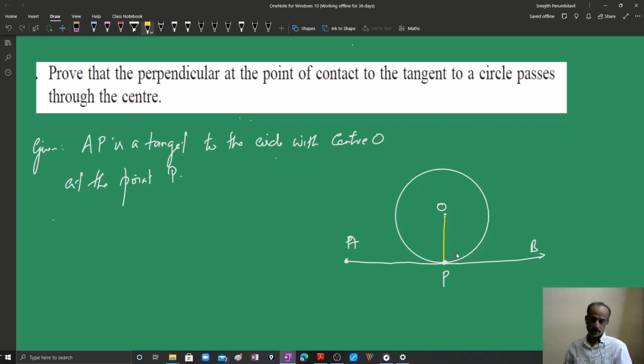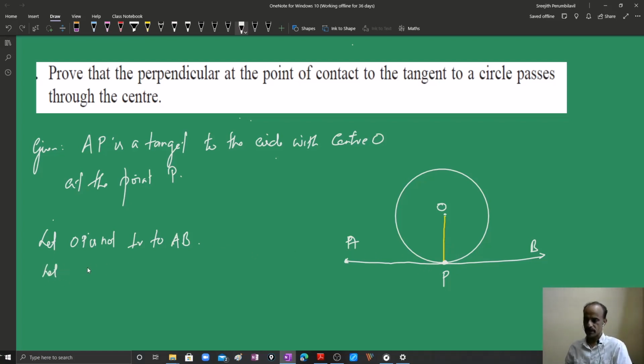Obviously it has to be perpendicular, right? Let us go by contradiction. Let OP not be perpendicular to AB, the tangent. This angle is not 90 degrees.